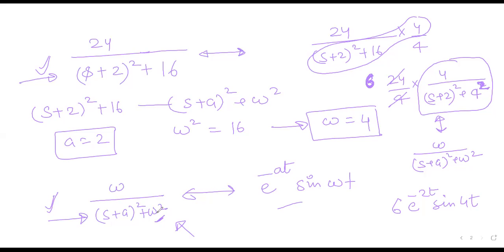Why 16? Is this omega square or omega? This is omega, then the value down is 4 square, and the value above is 4. What is 4 square? 16. Here, this is omega square. What is the value of omega? 4 square.